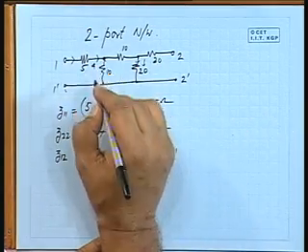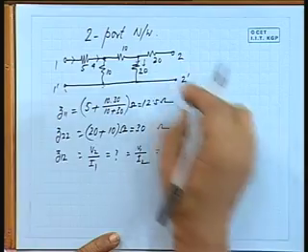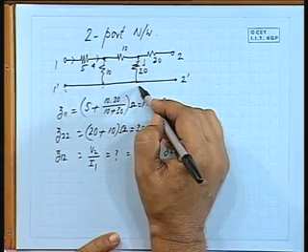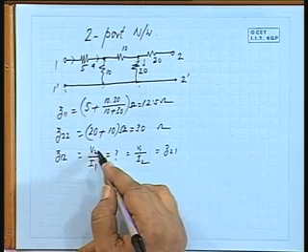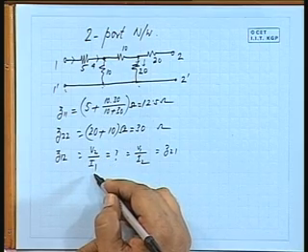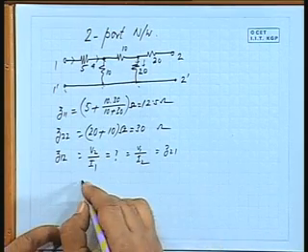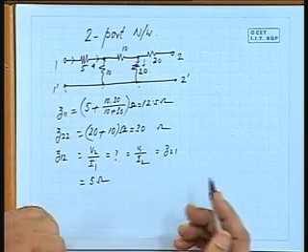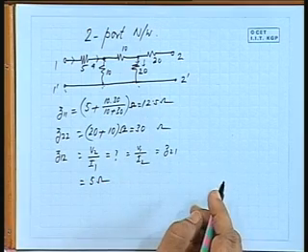And how much will be the corresponding voltage here? Voltage is 20 volts. So 20 volts by 4 ampere, that is 5 ohms. Okay. So Z12 is 5 ohms, same as Z21. Is that all right?